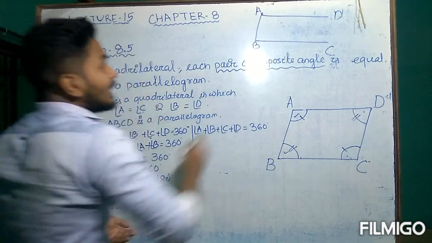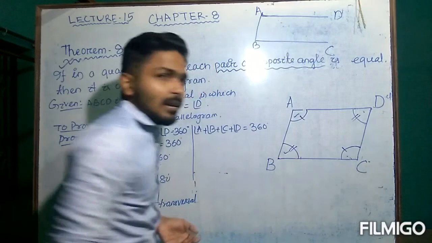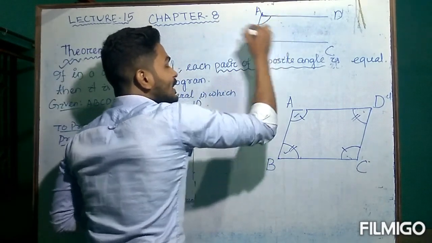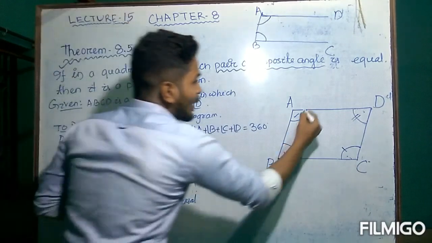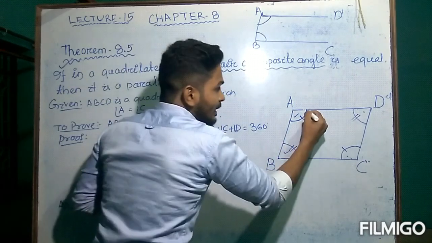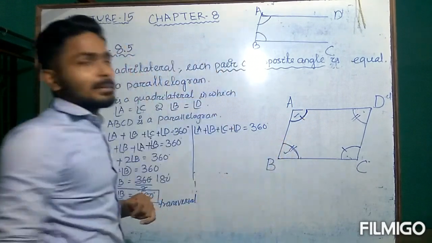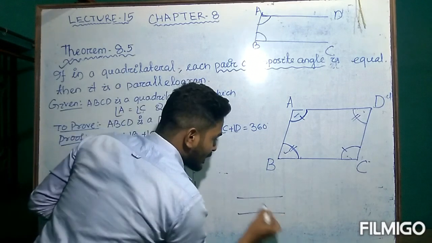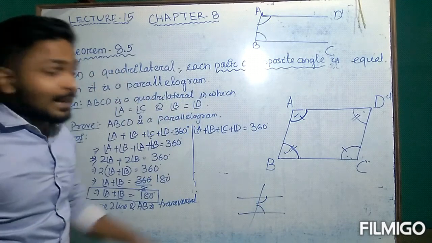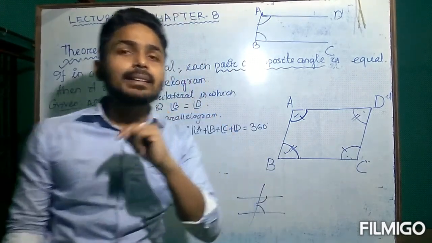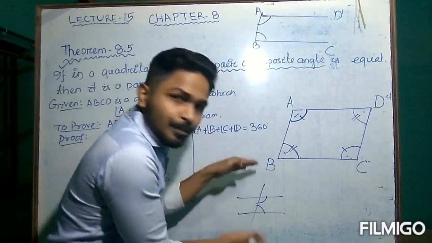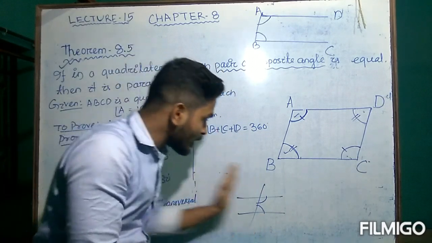Now, if these two are straight lines and AB is a transversal line, then these two angles are known as what? Tell me. They are known as co-interior angles, because they lie inside the two lines and towards only one side.